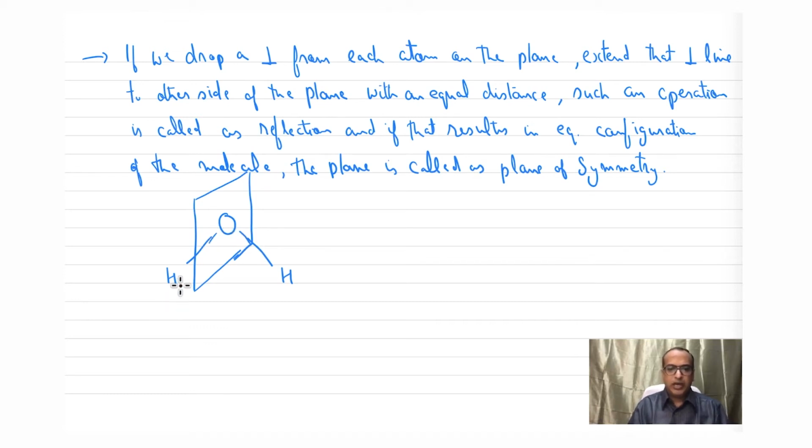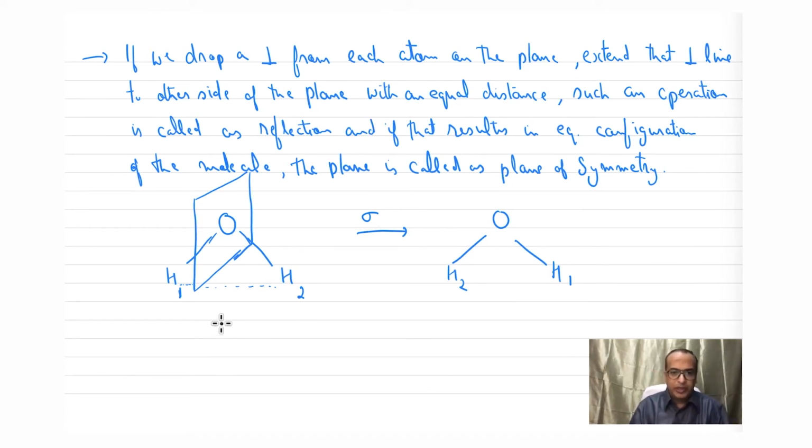Now I'm drawing a perpendicular from this hydrogen to this plane, and then we'll take it to the equal direction, and we should find another hydrogen, right? Let's say this is 1 and this is 2, reflection about the sigma will give rise to H2 and H1, right? The two hydrogens are swapped between each other, and now because this is an equivalent configuration, this particular plane is called a plane of symmetry. This is what this definition tells you.